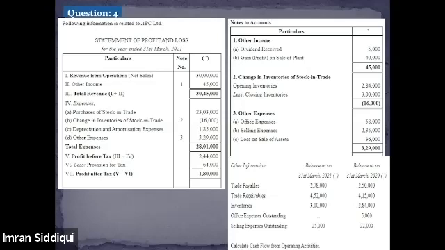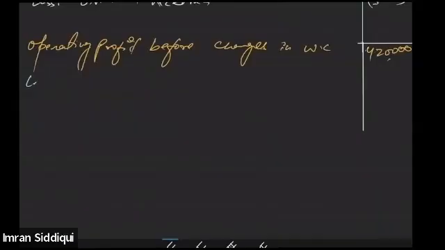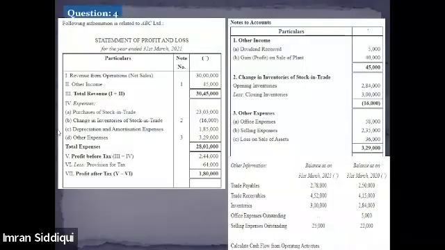Trade receivable. Trade receivable from opening balance was 4,15,000. It increases to 4,52,000. So we need to subtract it, right?